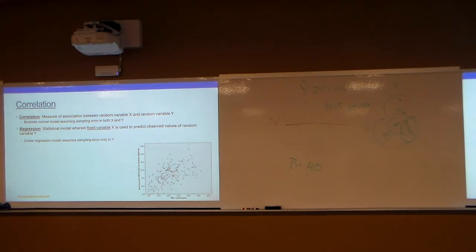So I'm not going to randomly select people who just walk in through the door with some level of body mass. I'm saying I'm going to get 10 people at 90 pounds, 10 people at 95, 10 people at 100, 10 people at 105, 110. So it's systematically choosing.